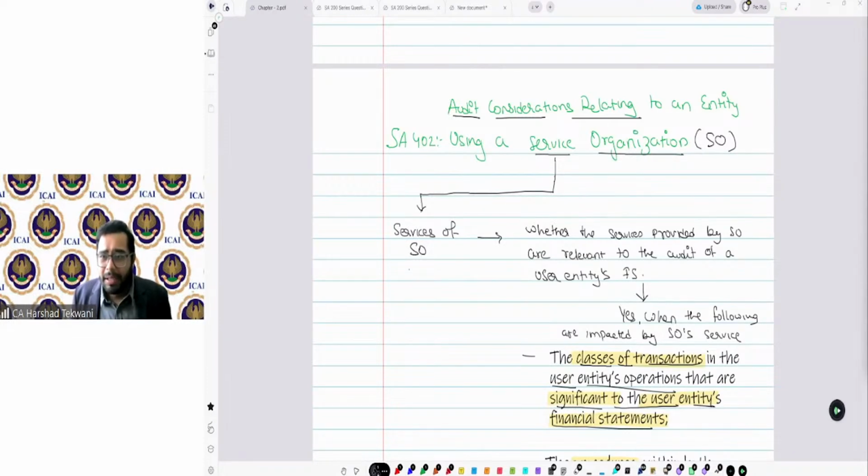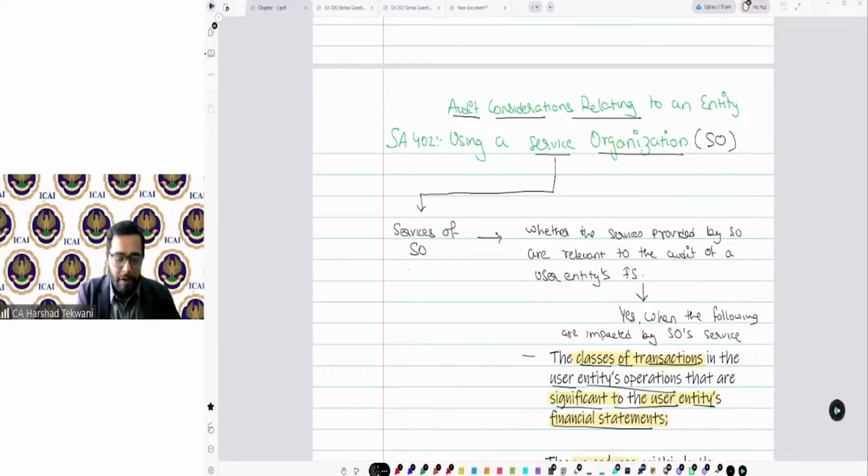And trust me, this is not a hard subject. It's a very scoring subject. So if you plan it, like we have to do planning in the audit, if you plan the studies, the revision, and the practice appropriately, you can easily score good marks in this subject also.